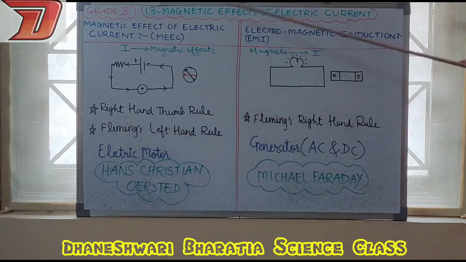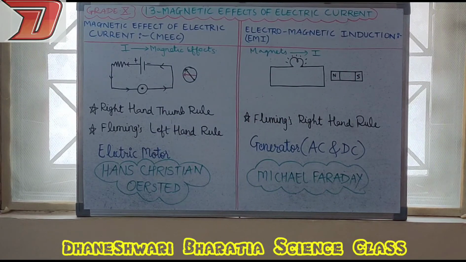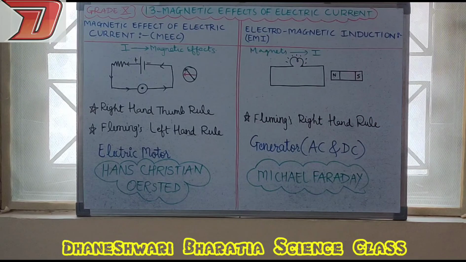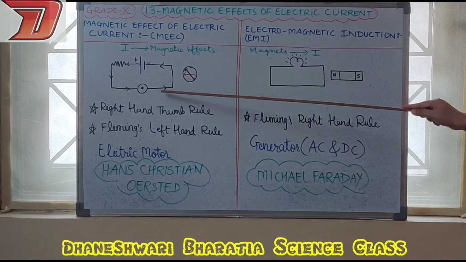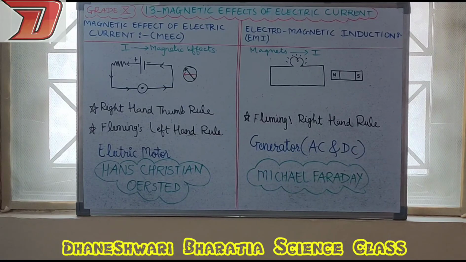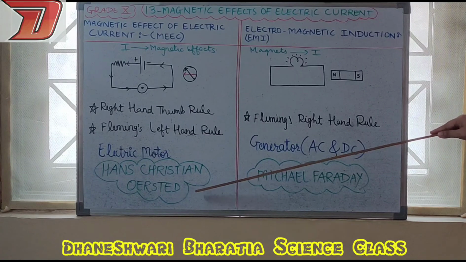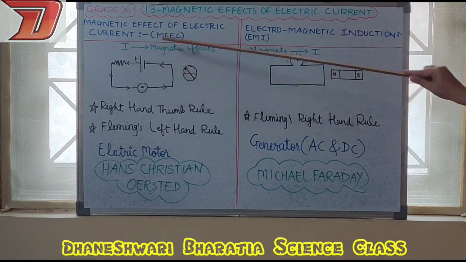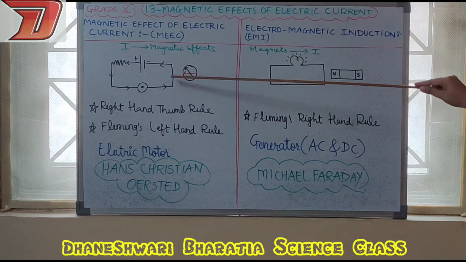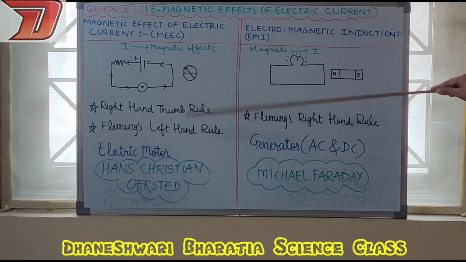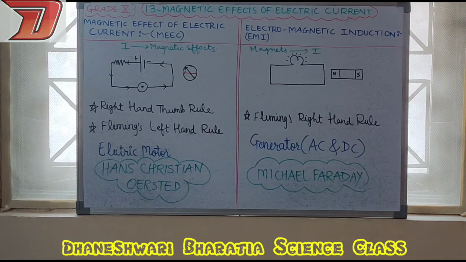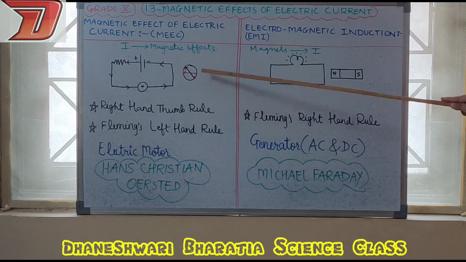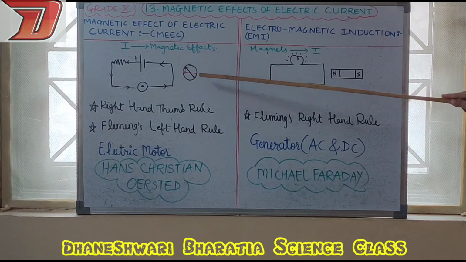Here in this part we will be learning one activity, or the observation which led to the discovery of this entire part. A scientist named Hans Christian Ørsted observed that when electric current is passed through this circuit, which is made up of copper wire, or any conductor, whichever is preferable, and a compass is brought near this circuit, a deflection in the needle was observed.